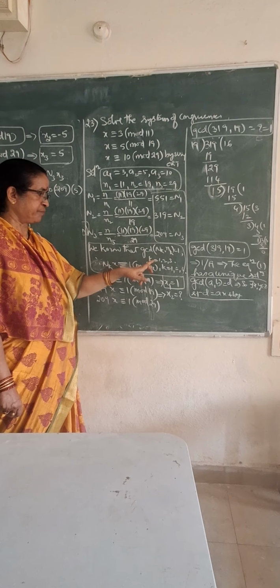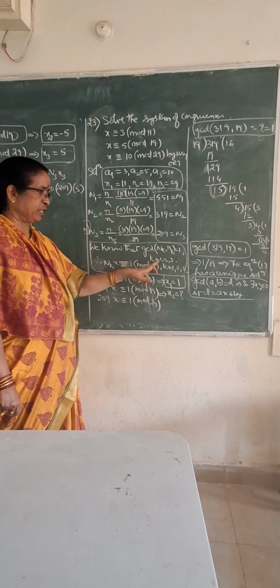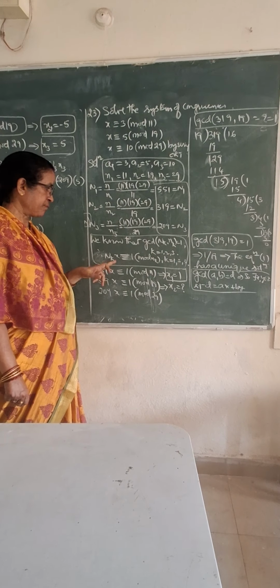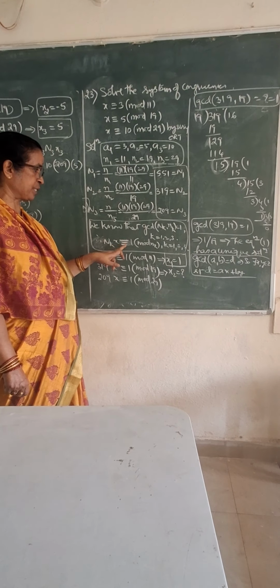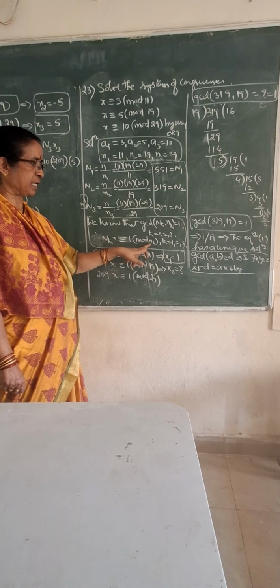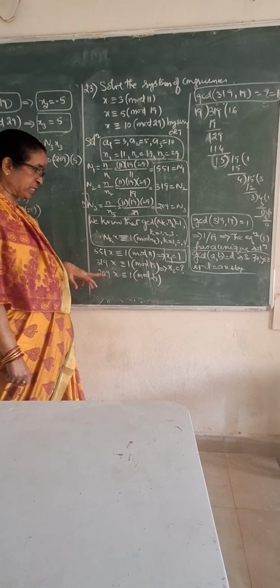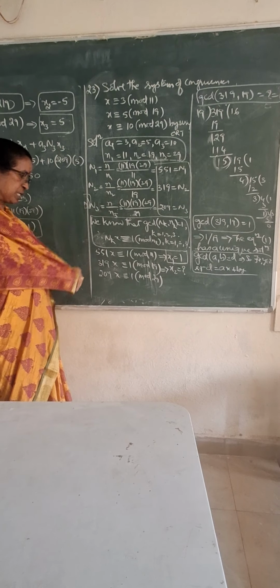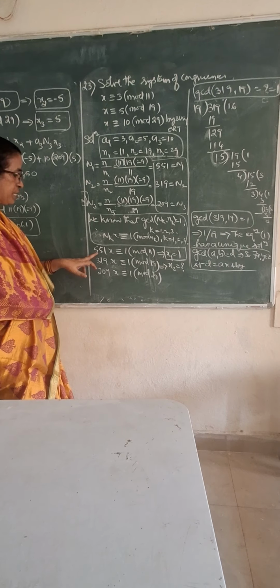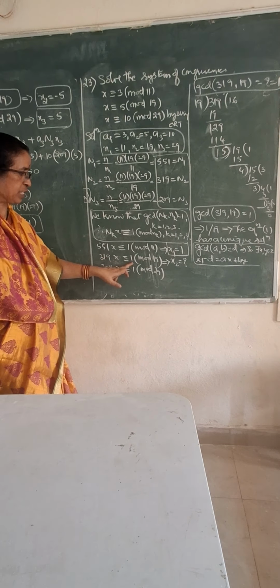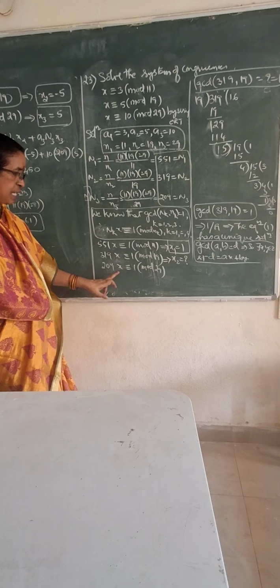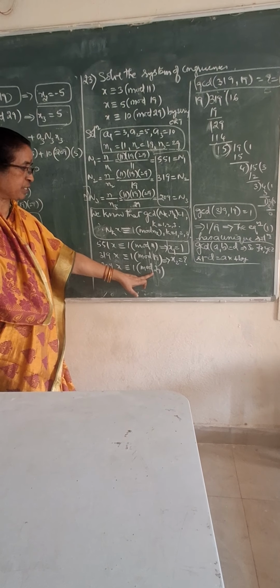And we know that the GCD of these numbers Nk and small nk equal to 1 because they are relatively prime to each other, where k equal to 1, 2, 3. Further we get these congruences: Nk x is congruent to 1 mod small nk, where k equal to 1, 2, 3. So once again we are going to get 3 more equations. 551 into x is congruent to 1 mod 11, 319x is congruent to 1 mod 19, 209x is congruent to 1 mod 29.